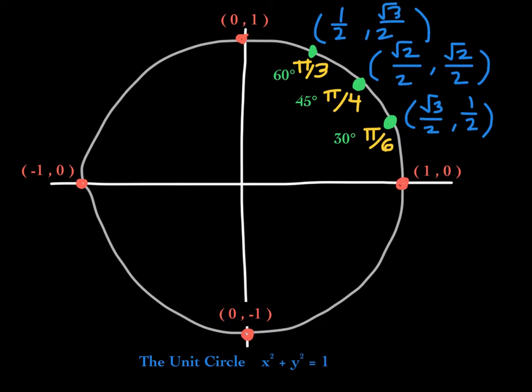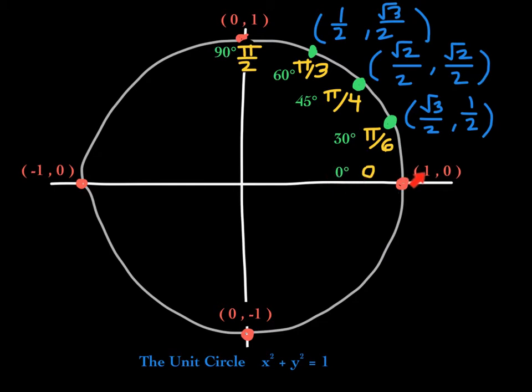All right, very good. Now, let's not forget that this angle here is 0 degrees, which is 0 radians. And the coordinates are 1, 0. 1 is cosine of 0 degrees, and 0 is sine of 0 degrees. So there we have it, 0 degrees or 0 radians.